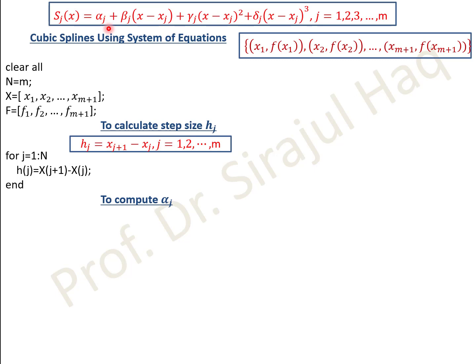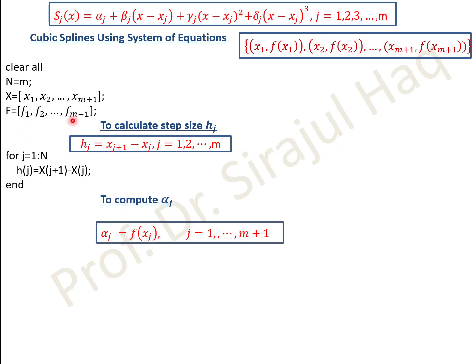So when I use the computer code, as you can see from the last two lectures, instead of aj I have written alpha j. Alpha j is equal to f of xj. You can see that f of xj are known here. I stored them in f1, f2, f3, f4 and so on.